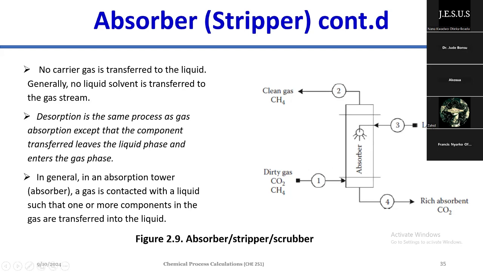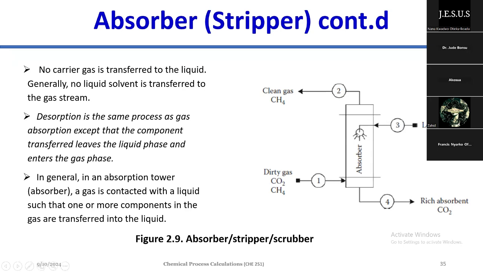So with our lean absorbent here, you know how gases move, whilst the gases rise up the absorber, there's a sprinkler here that sprinkles the lean absorbent. As the gases are rising up, the sprinkler sprinkles on the dirty gases. For this particular case, the lean absorbent has affinity for the carbon dioxide.